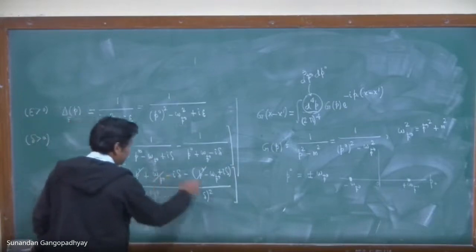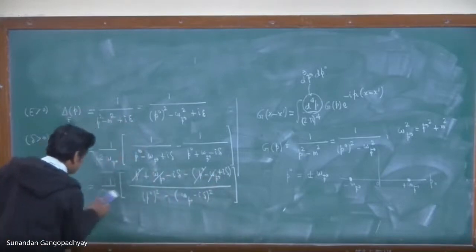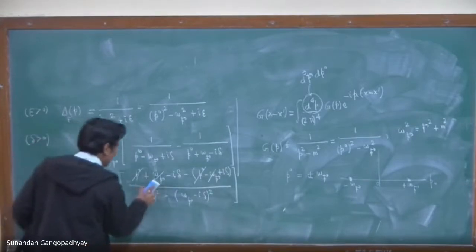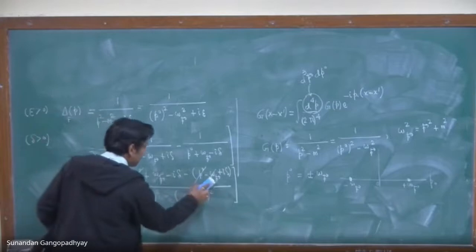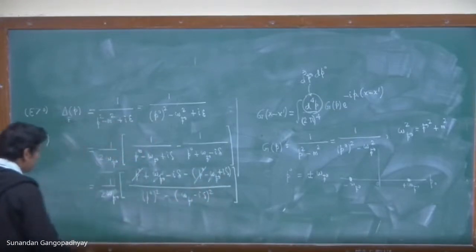So what happens is that this 2 omega p, which is better not to cancel because it will give you a 1. Anyway, let me keep this 2 omega p. So let me do the simplification from here.